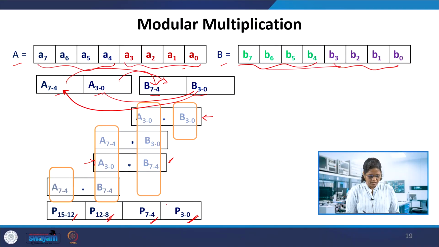The third category is modular multiplication. If you have 8-bit numbers, separate them into two parts and get the partial products this way: separate the larger number into smaller ones, multiply and shift, multiply this and shift, and arrange it in this fashion. This is important, and then get the partial product in that case.